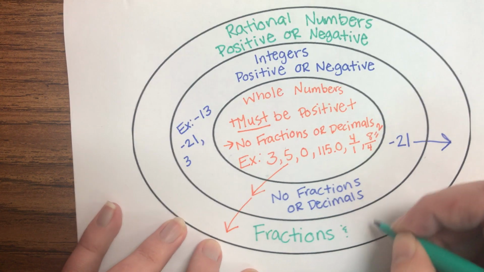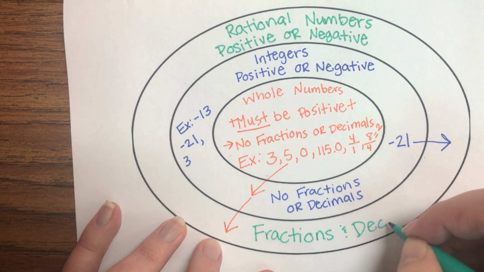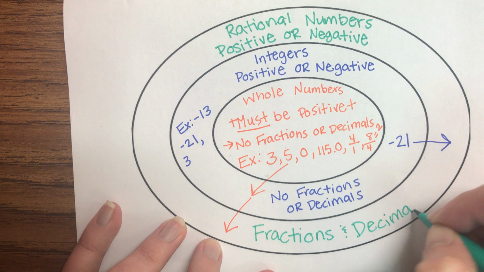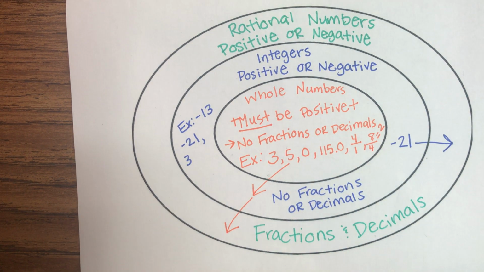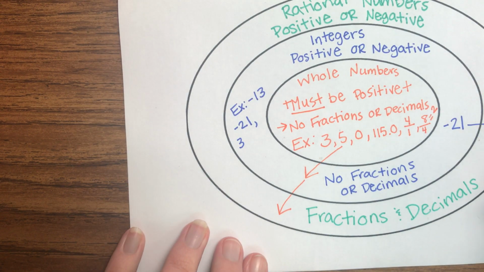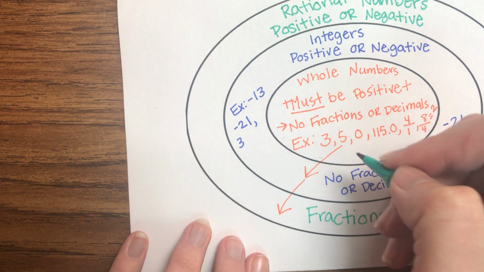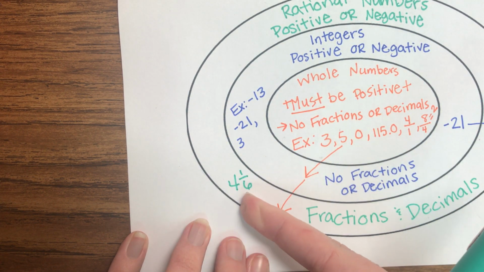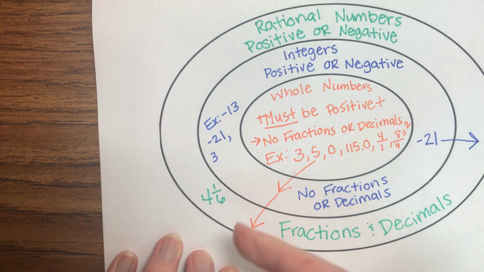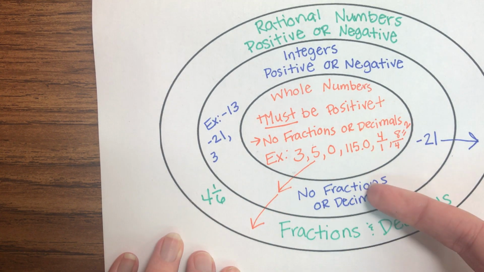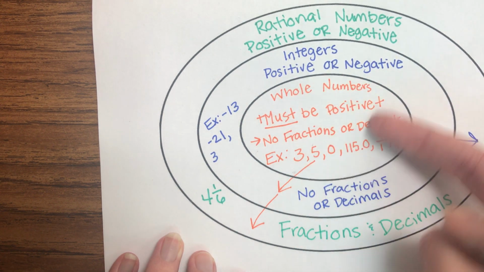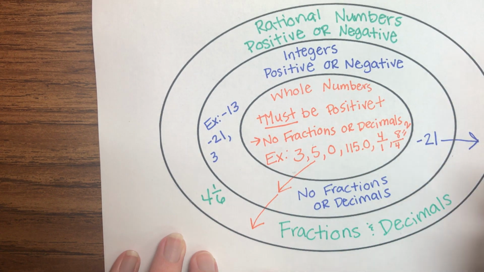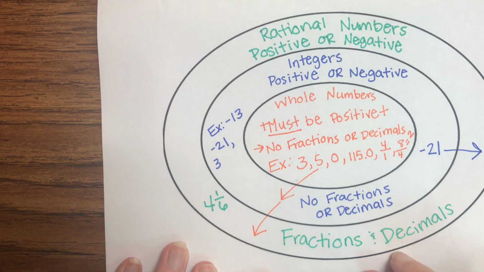So if it has a fraction or a decimal, it's automatically a rational number. Okay, so if I do an example such as 4 1/6, it has a fraction, so it's automatically a rational number. It can't be an integer because we can't have fractions or decimals, and it can't be a whole number because no fractions. So it's only a rational number.